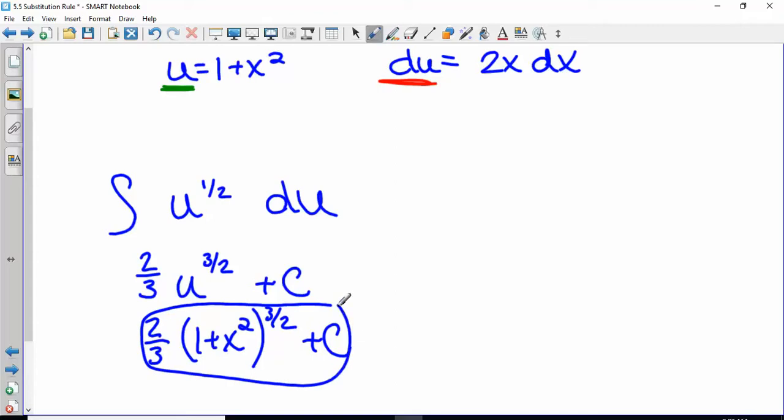The nice thing about this is you should always be able to check if you really wanted to, because we could do the derivative of this and see if we get back to the original. Any questions there?